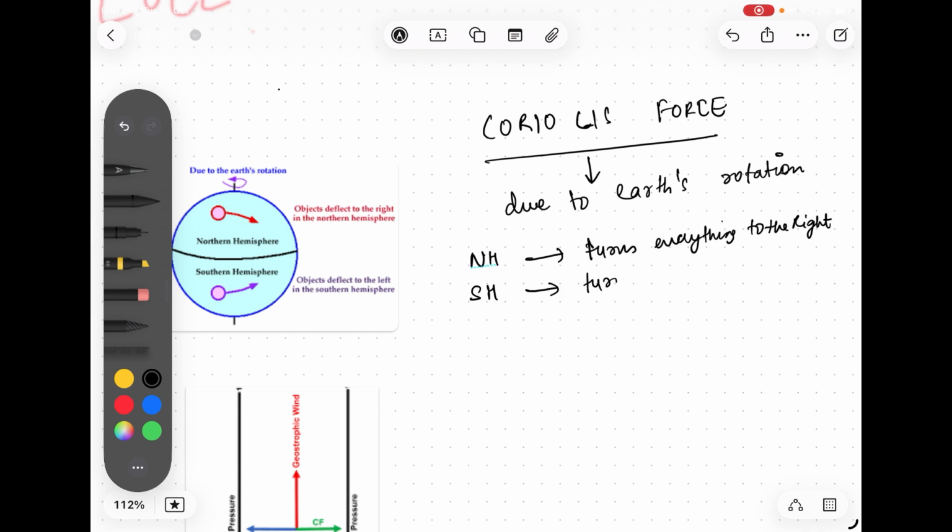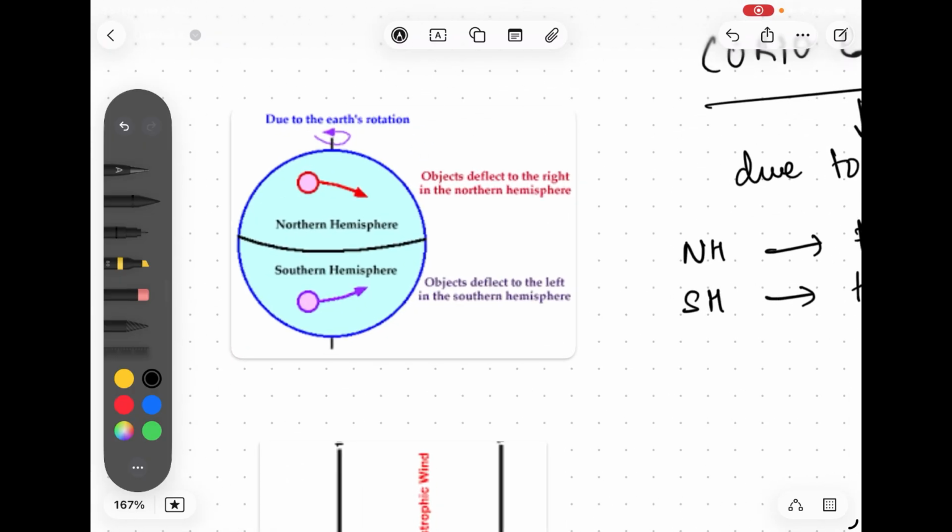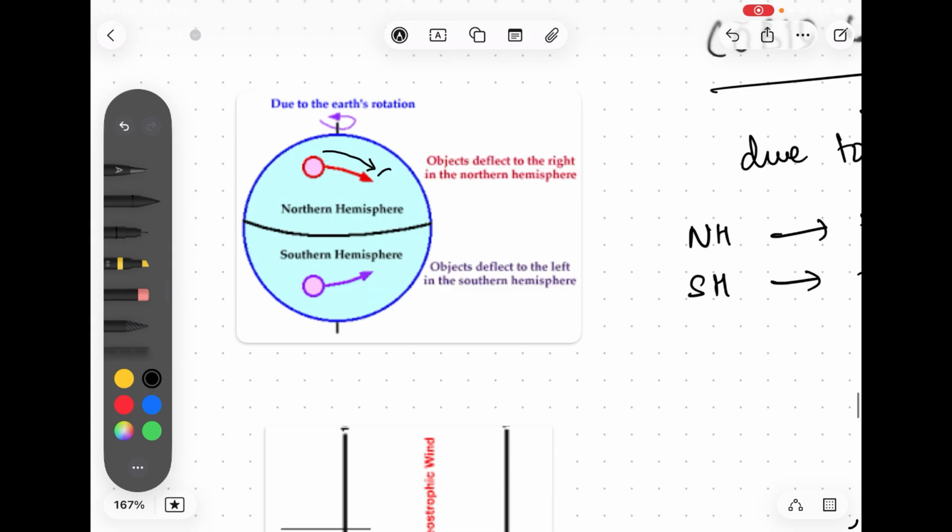So in south it turns everything to the left. Okay, so you'll remember this diagram here. So whatever it is, is it me, is it the wind or anything, it will turn everything in the right direction, and in the southern it will turn everything in the left direction. This you will have to remember. So this is due to the rotation of the earth. There is a force that exists, that is Coriolis force.